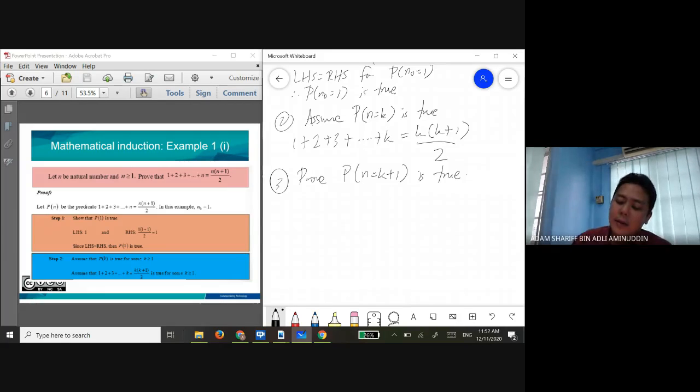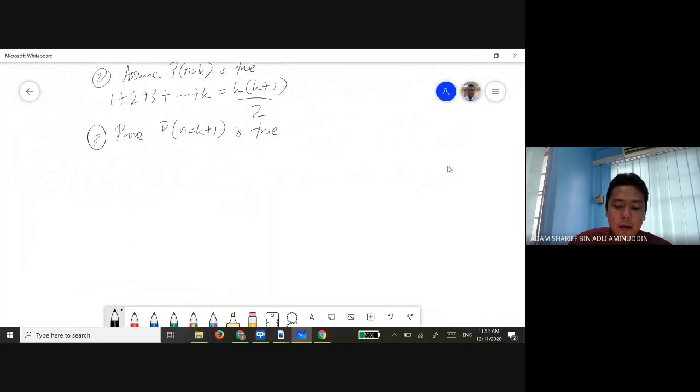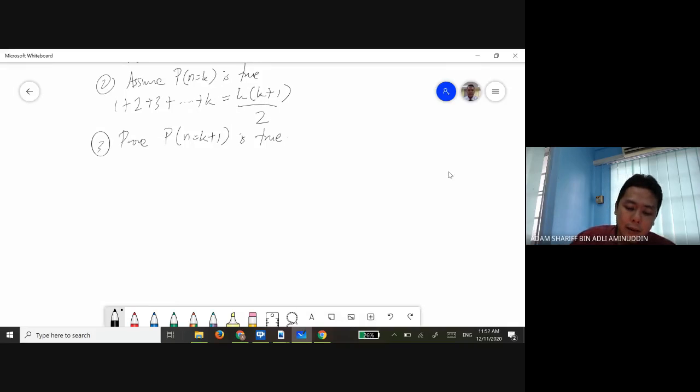Okay. Try to look at step 2. Okay, saya buka besar sikit. Okay. From the second step, it's the summation from 1 until k. This is the summation until k plus 1. 1 plus 2 plus 3, you will arrive at k first. After k will be k plus 1.